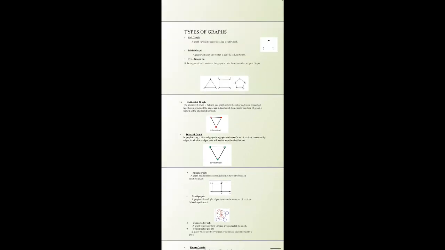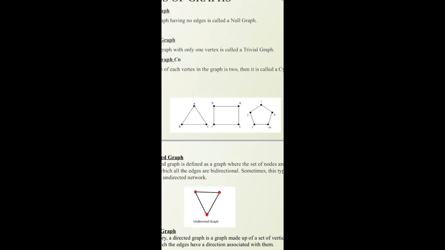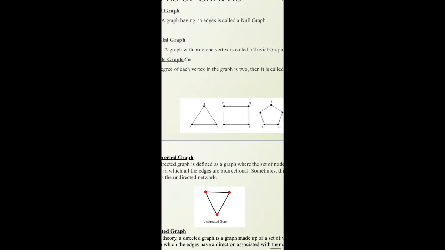Next, I will move to another type of graph, which is the cycle graph, and can be represented as Cn. If the degree of each vertex in the graph is 2, then it is called a cycle graph. Here is an example: A, B, C. Next is P, Q, S, R, and then it joins back to P. In other words, if the ending and starting point of a graph are the same, then it makes a cycle graph.